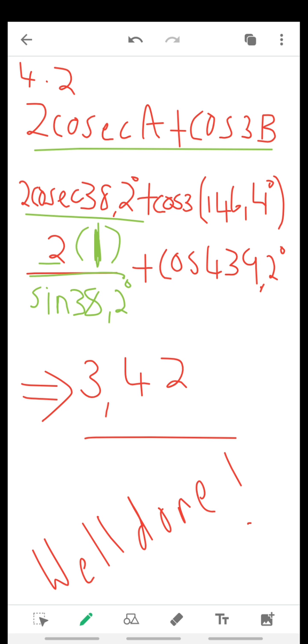You understand what I've done there? Plus cos, where does the 439,2 degrees come from? Remember, 3 times 146,4 degrees is 439,2 degrees. Then when you punch all of this in the calculator, now I have sine and cos in the calculator, and the answer was 3,42, and that is the value of what was given.